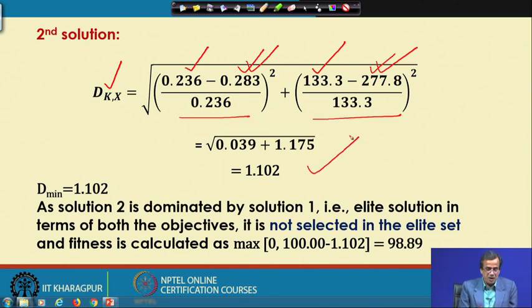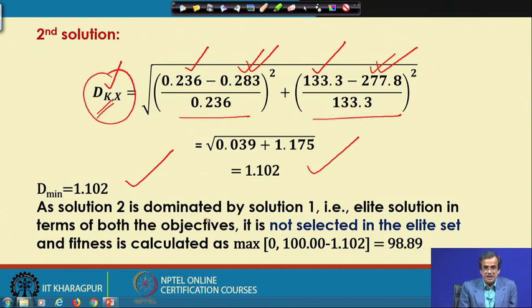Now, here I have got only one Euclidean distance value. The reason is that till now I have got only one non-dominated solution, that is k, and that is why there is only one Euclidean distance value, and as there is only one, that is nothing but d minimum, and d minimum is 1.102.